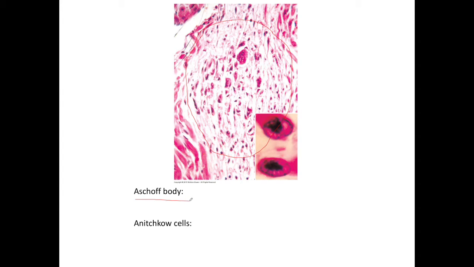So an Aschoff body is the granuloma which is found in acute rheumatic fever. The characteristic cell of this Aschoff body is going to be called an Anitschkow cell. And an Anitschkow cell has a very characteristic appearance to it. We say that the nuclei has a caterpillar appearance.